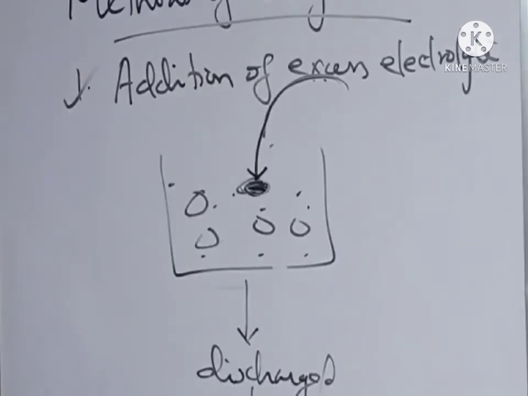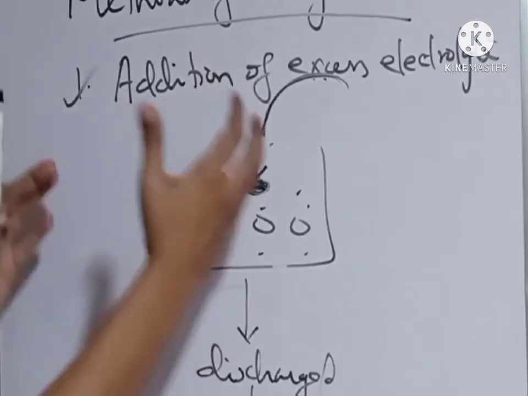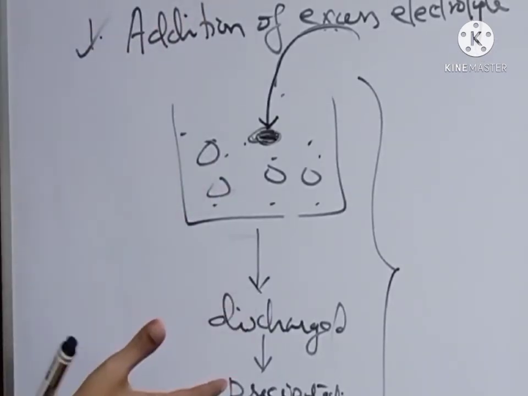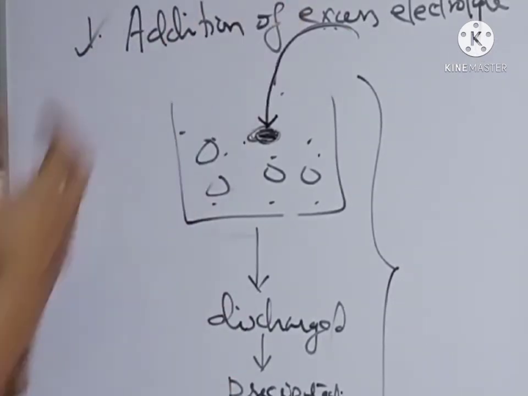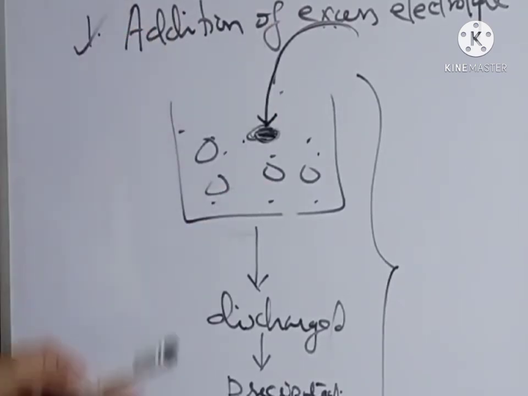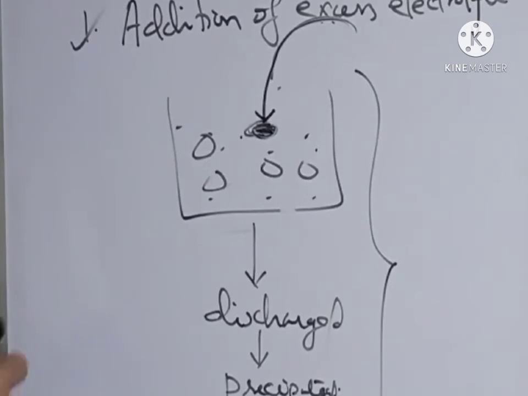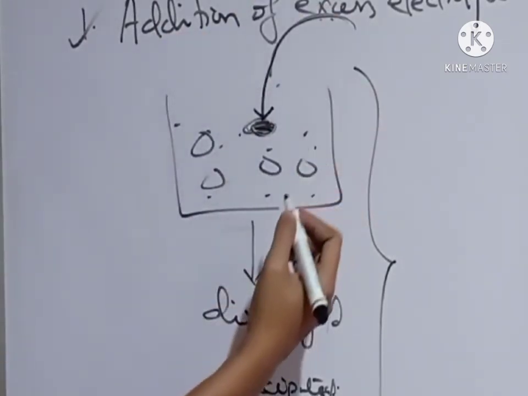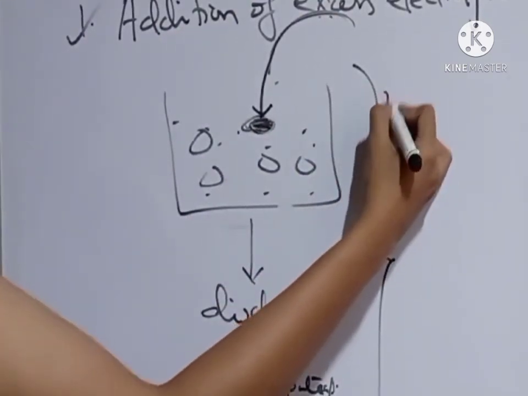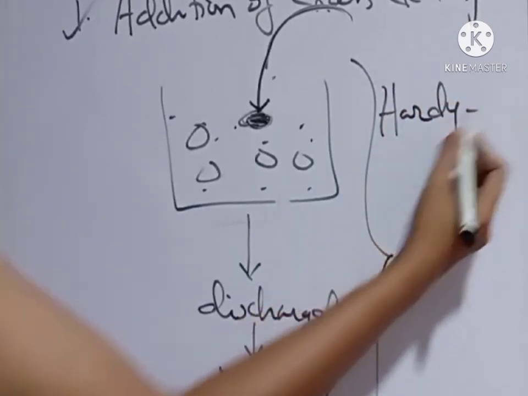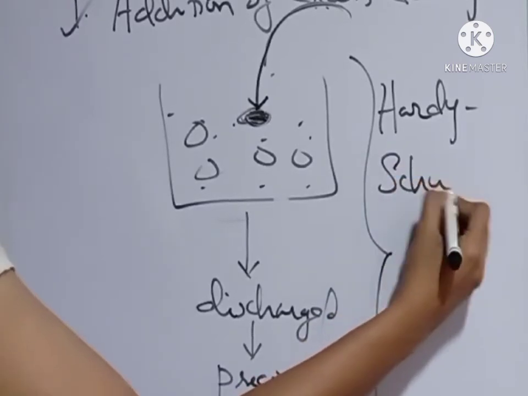And the action of different electrolytes on a particular colloid is different. The extent of coagulation depends upon the nature of the electrolyte which we are adding into the colloid. The effect of different electrolytes on coagulation was given by two scientists, Hardy and Schulz.